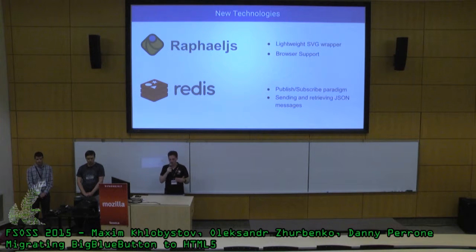And when somebody publishes anything to the channel, Redis handles that message and makes sure that all of the subscribers receive it. And this is how we implement the communication within BigBlueButton. We send, publish, and subscribe to JSON messages.